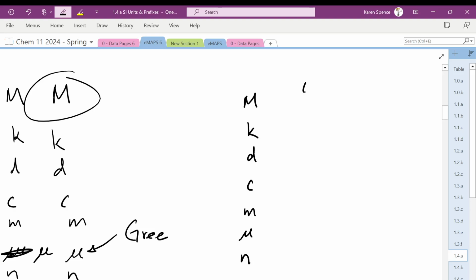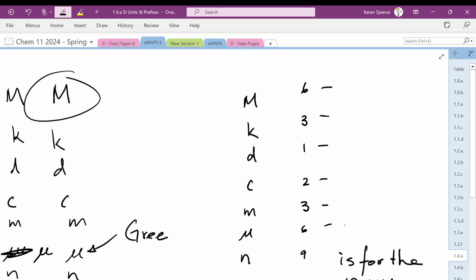And then we go 6, 3, 1, 2, 3, 6. 9 is for the nano. You don't even have to learn any new notes, like really, because it's all the same note. Yeah, 6, 3, 1, 2, 3, 6. And then 9 is for the nano.